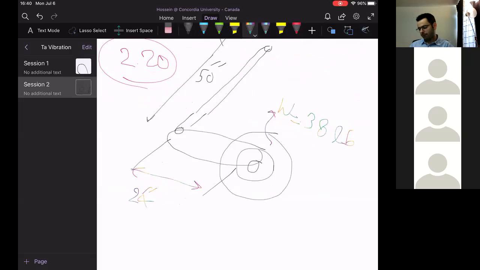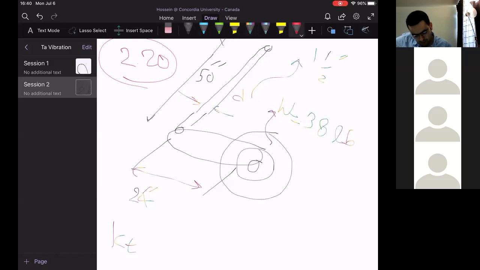So a steel shaft 15 inch in length and 1.5 inch in diameter, so diameter is also given to us, the 1.5 inches, is used as a torsion spring for the wheels of a light automobile, as shown here. Determine the natural frequency of the system. So we are supposed to determine the natural frequency of the system if the weight of wheel and tire assembly, wheel and tire together, okay?